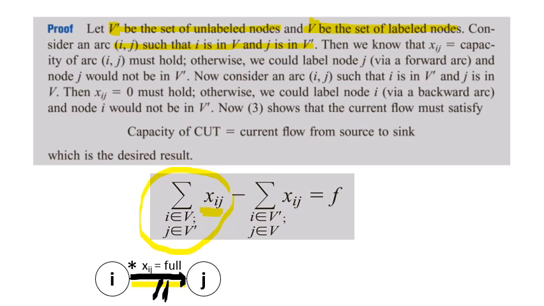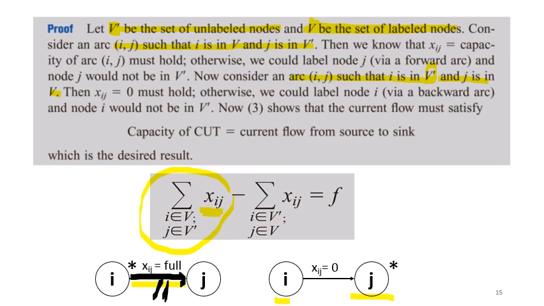Now let's see another possibility. Arc ij, in which I is in V prime, so I is unlabeled, and J is in V. So I is unlabeled, but J is labeled. Now here, why can you not label I in this case?